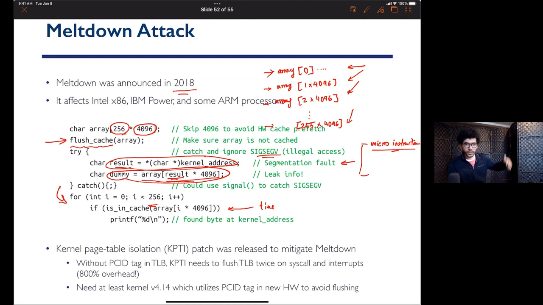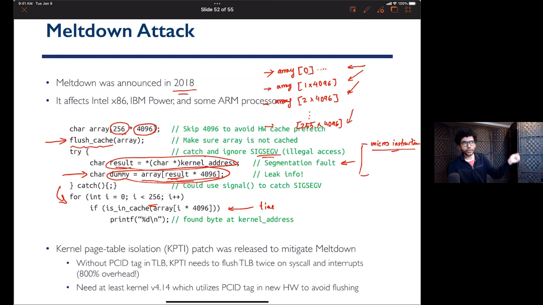Now, if my cache was flushed, then all of them should go to memory, but the one that I changed and brought to my cache, the only one that I executed out of order, is now in my cache. So that particular read will be so fast because I'm going to go to my cache and come back.